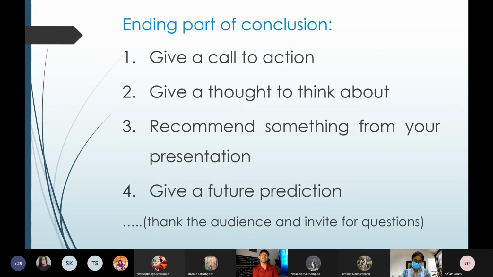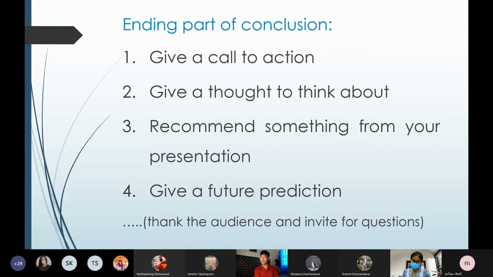Give a call to action, meaning you want them to do some action. You could say, come and join us at RMUTL Pitsanulok, so you could see the clean environment, the friendliness of the people, and the small family life that is RMUTL Pitsanulok. Any of these could be just one or two sentences.